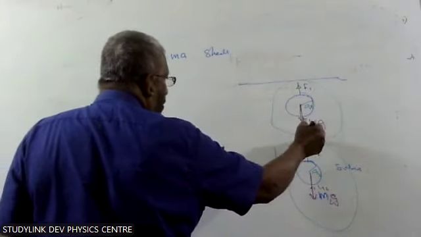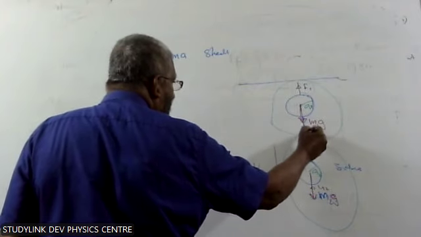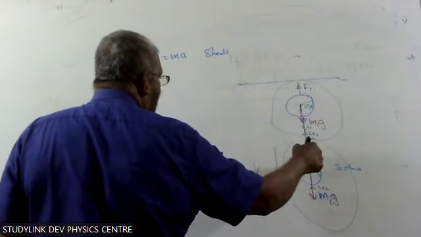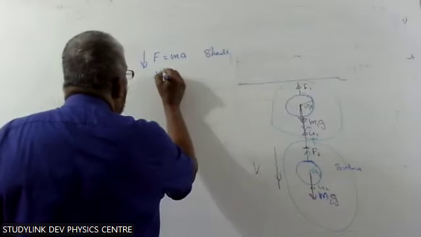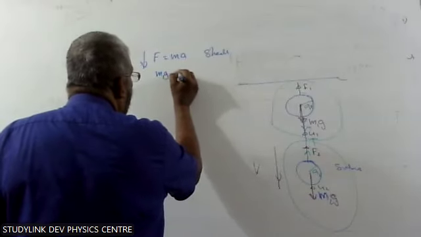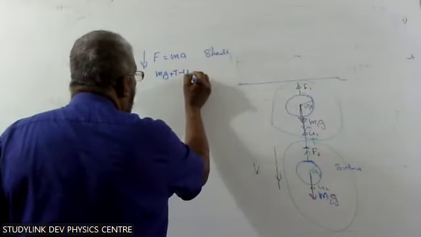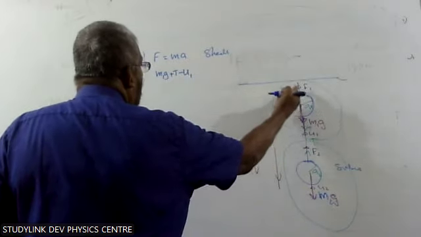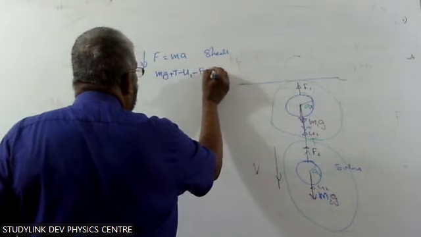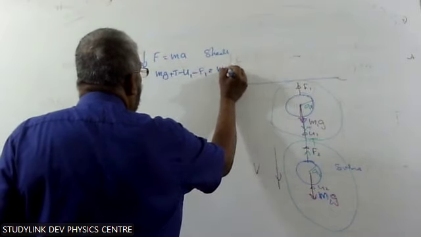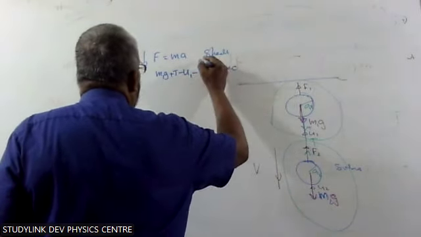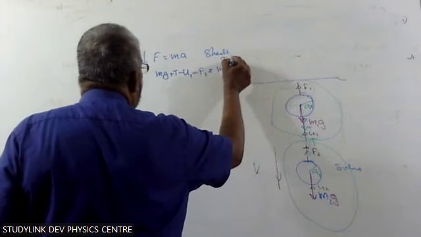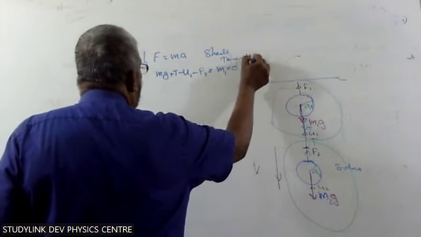Then T is also here, this T is also there. Then M1G plus T minus U1 upwards, minus F1 is equal to M1 into 0. Why? This is for the terminal velocity situation.